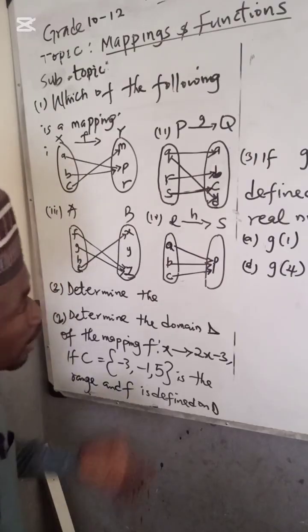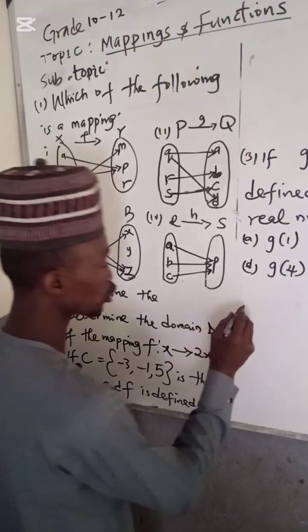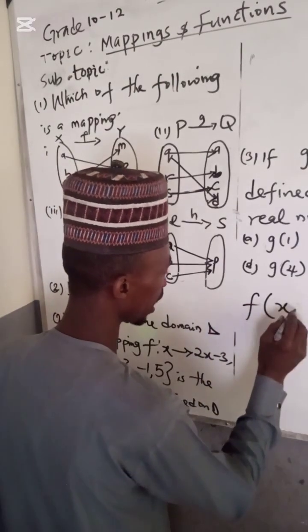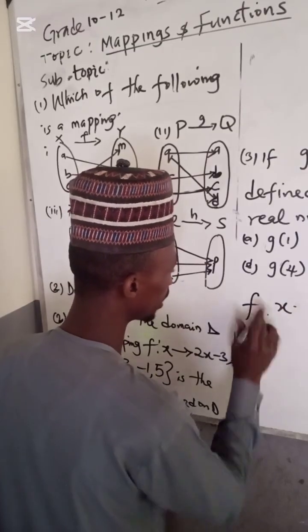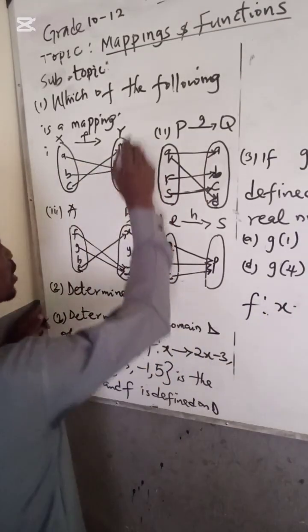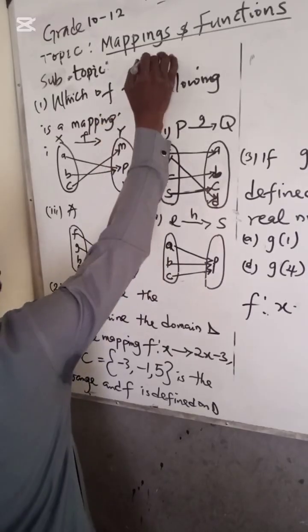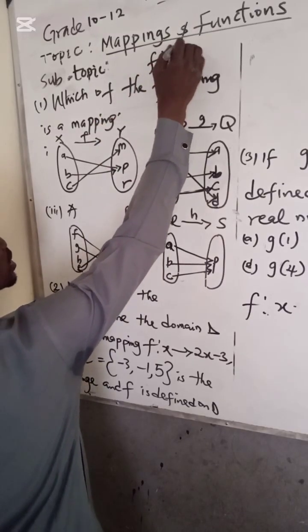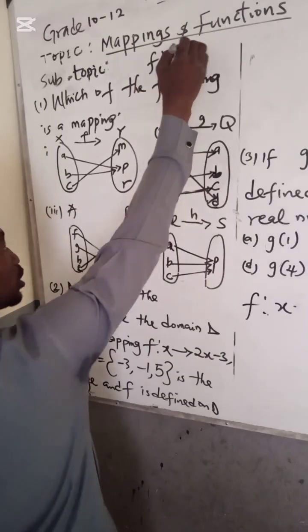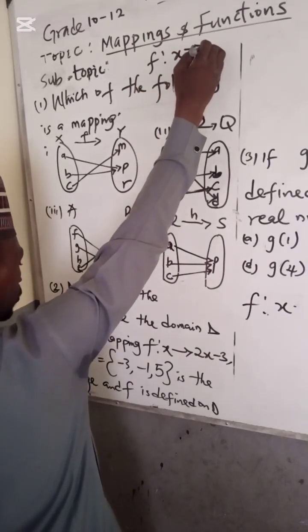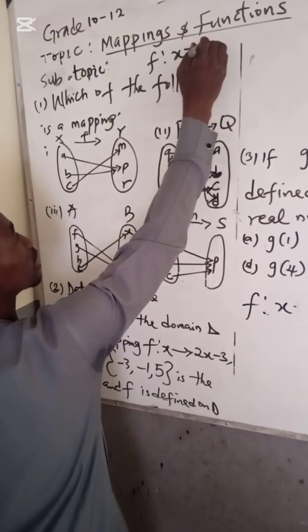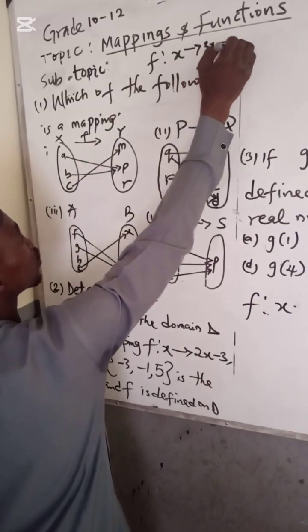Now you might be seeing things like a function of this. We see x, and you will see something like f of x, and you'll be told it gives an output of, let's say, 3x minus 4.